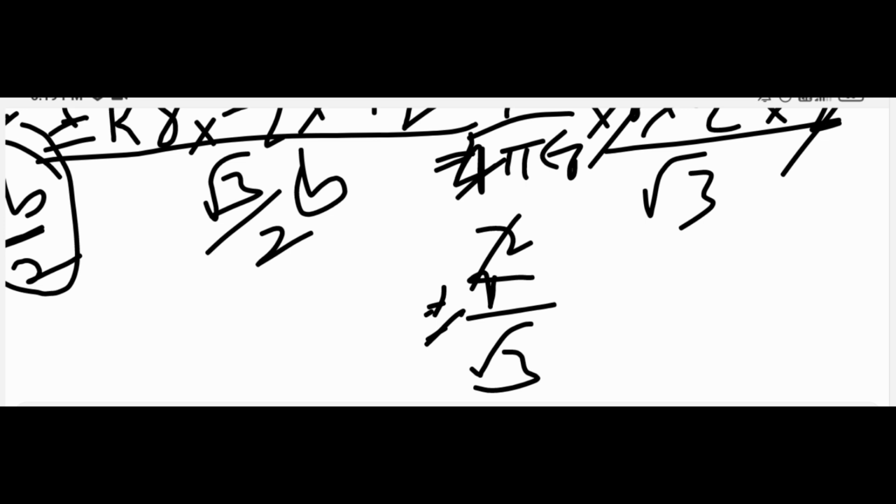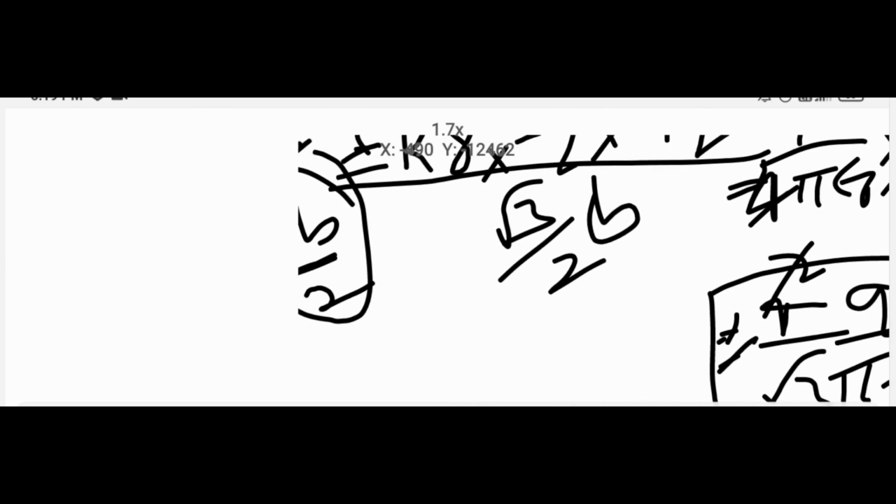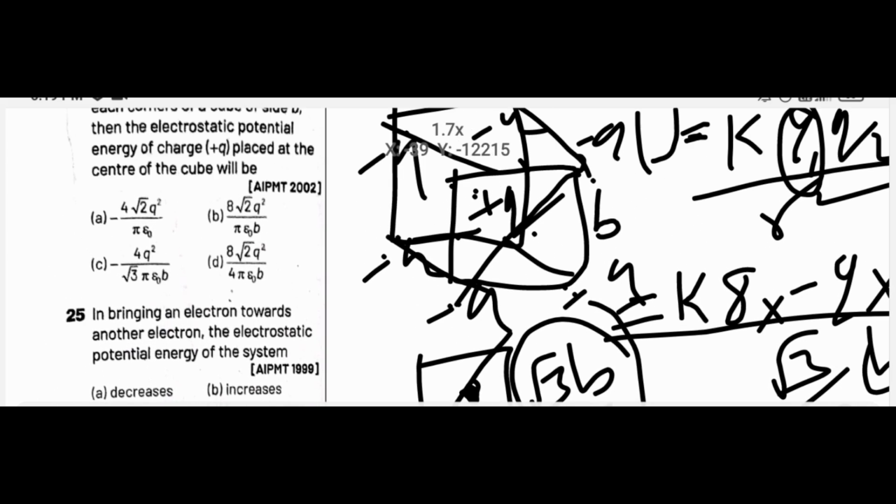Minus 4 by root 3 times q square by pi epsilon naught times b. This is the final answer we get. For this, the correct option will be option C, that is minus 4 q square by root 3 pi epsilon naught b.